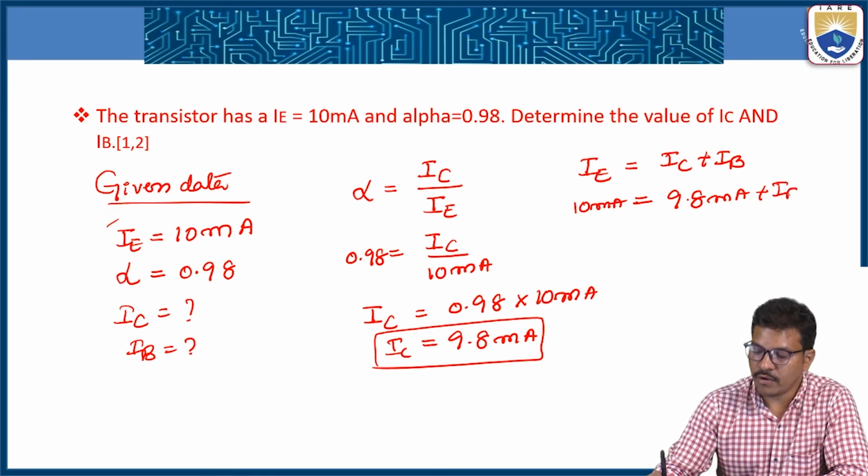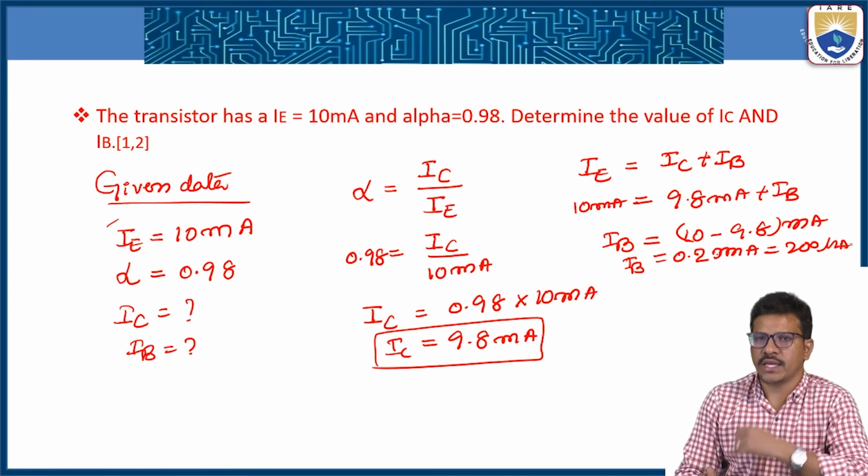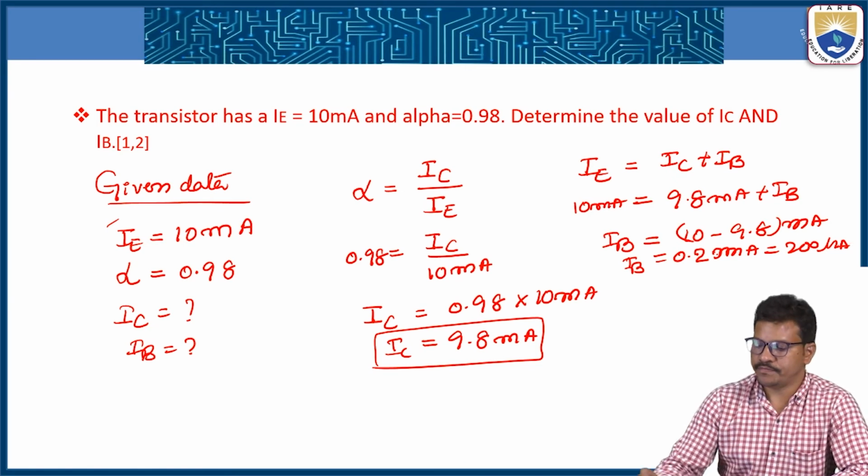So we need to find IB. IB is equal to 10 minus 9.8 milliampere. We'll get 0.2 milliampere, or 200 microampere. In this way, we find IB and IC.